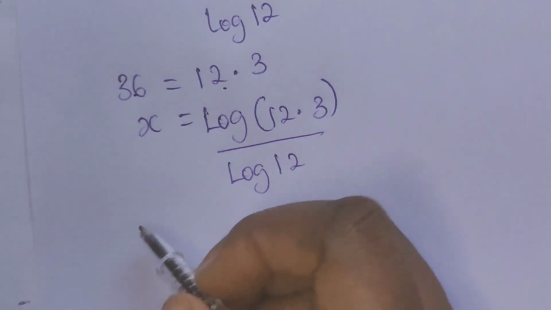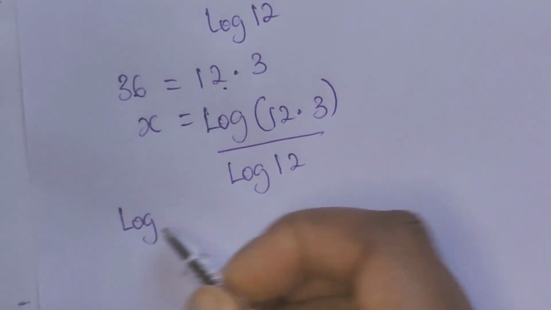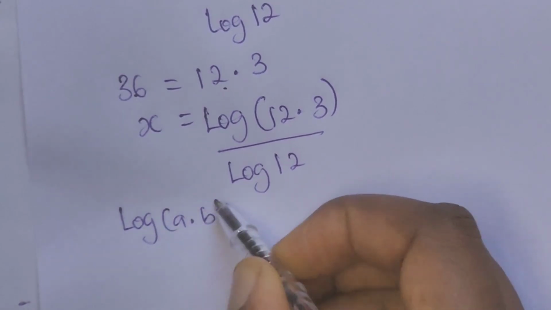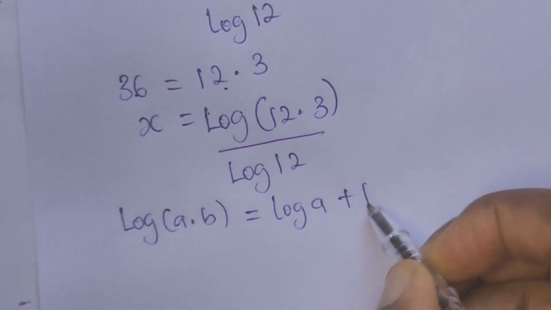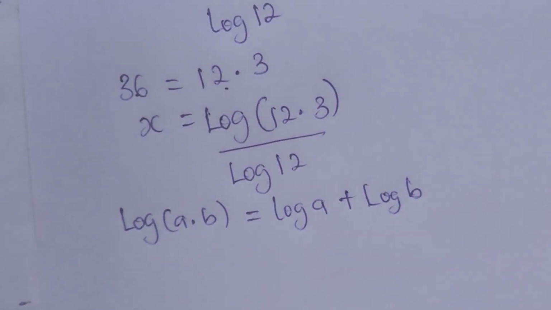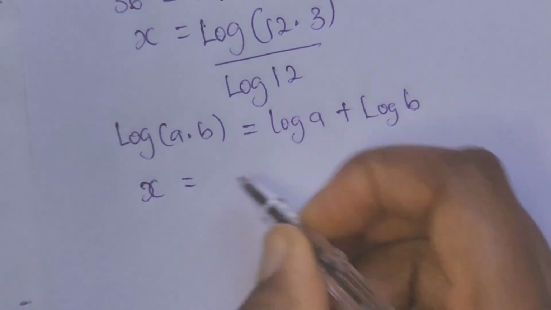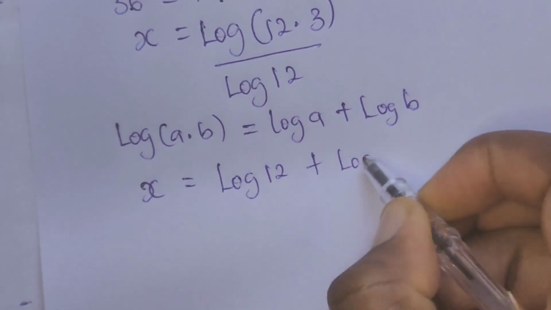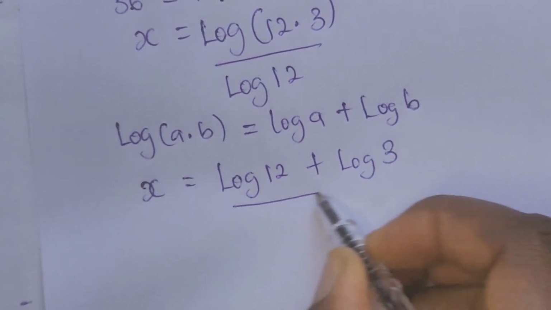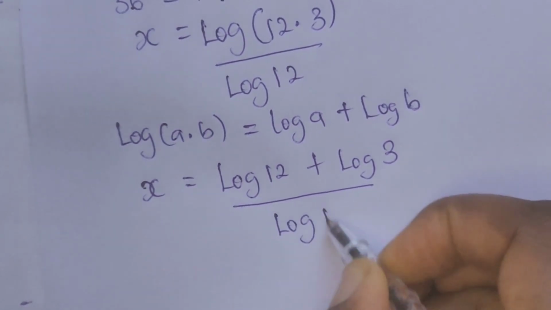But from logarithm rule, when we have log of a times b, this is the same as log of a plus log of b. So we have x to be equal to log of 12 plus log of 3 all over log of 12.